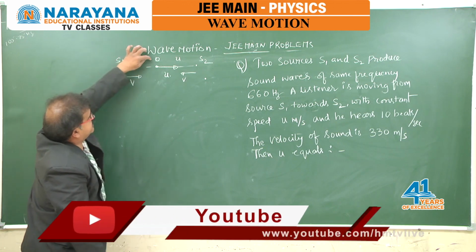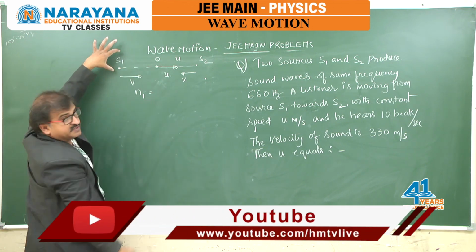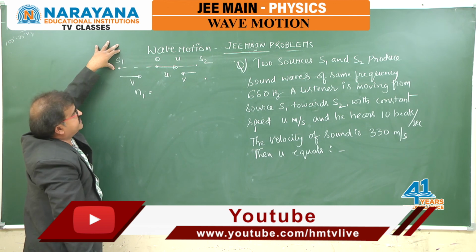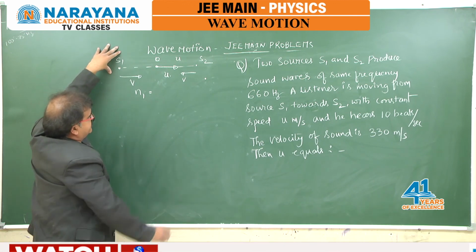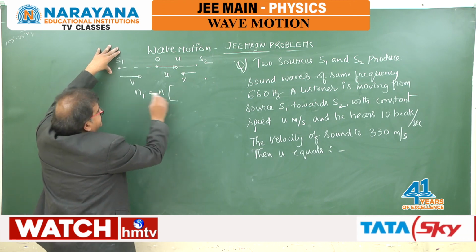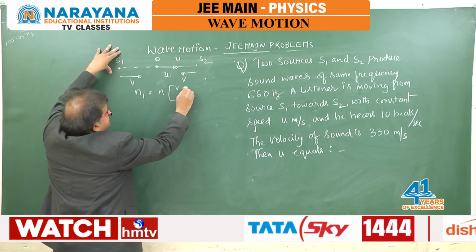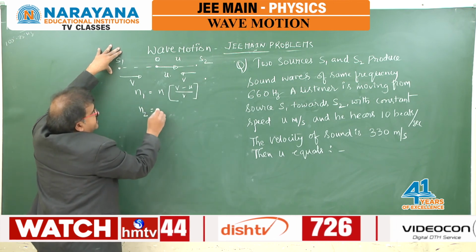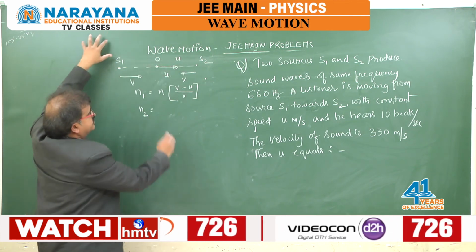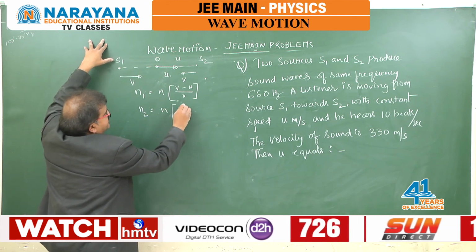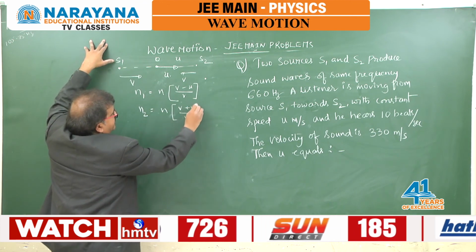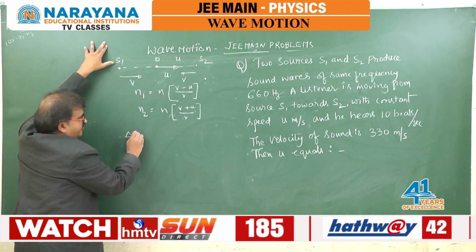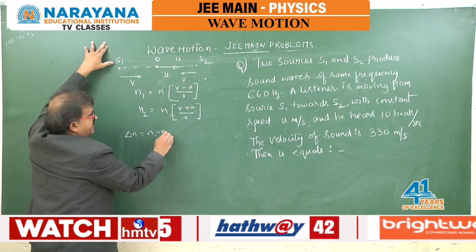So the frequency received by the observer, with the sound generated by the source S1, if you consider, these two are in the same sense, is n into V minus u by V. Regarding the sound received from the source S2, it becomes n into V plus u by V. The number of beats is N1 minus N2.